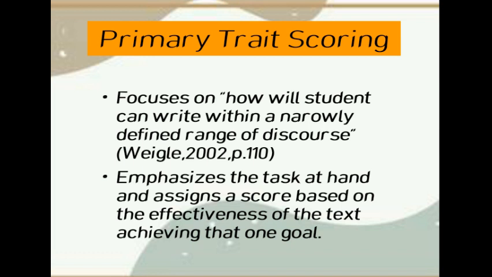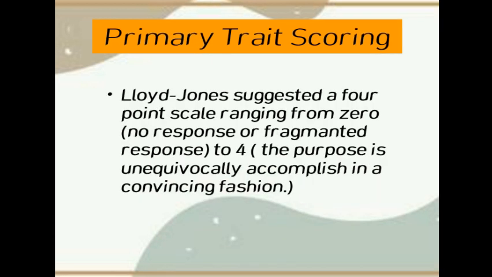And if a learner is asked to exploit the imaginative function of language by expressing personal feelings, then the response would be evaluated on that feature alone. For rating the primary trait of the text, Lloyd Jones suggested a 4-point scale ranging from 0 for no response or a fragmented response, to 4 if the purpose is unequivocally accomplished in a convincing fashion.